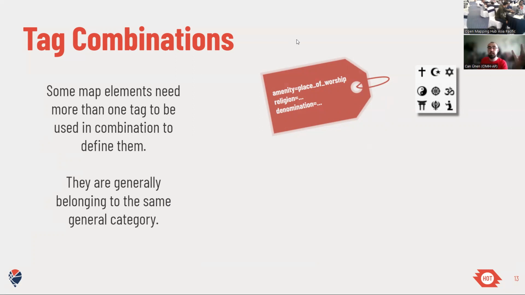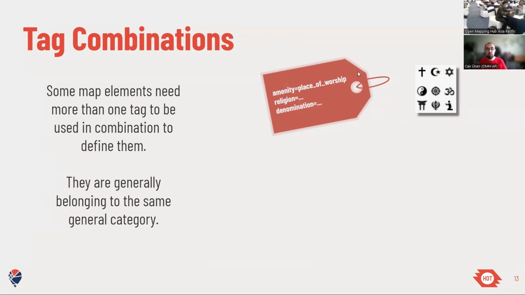But if you want to specifically describe a temple, or a mosque, you need to also add the religion tag for that. So some objects are not defined with single tags. You need to have tag combinations in order to define them.